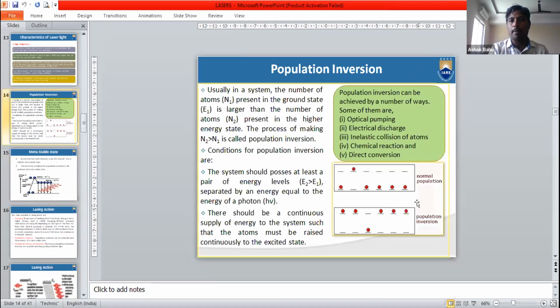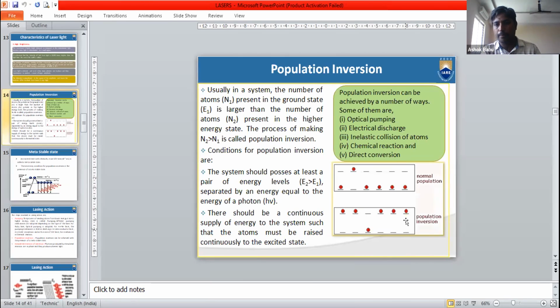Coming to population inversion: when the number of atoms in a higher energy state is greater than in the lower energy state, it is called population inversion. To get laser action, we achieve population inversion between the existing energy levels. Here also there are two diagrams.